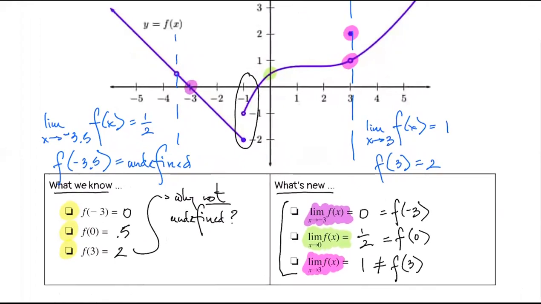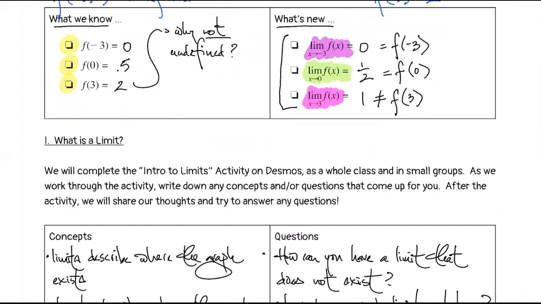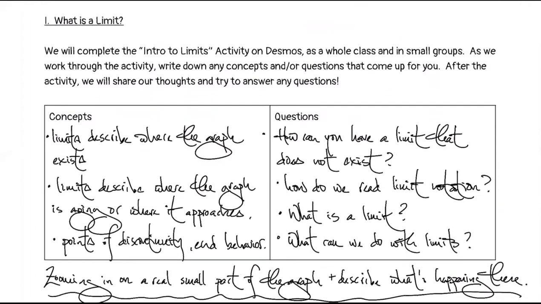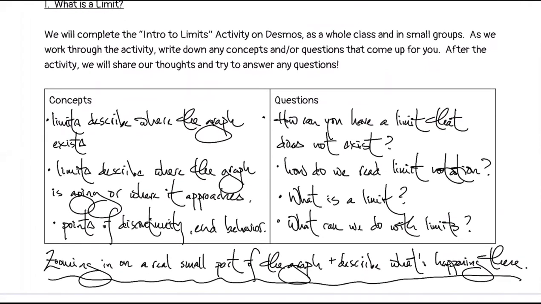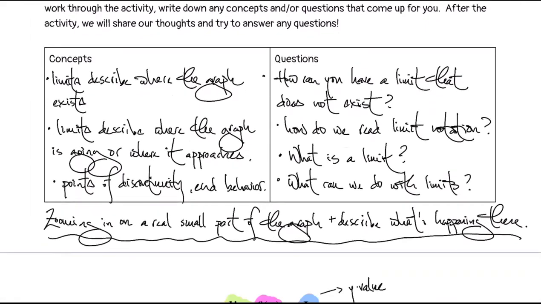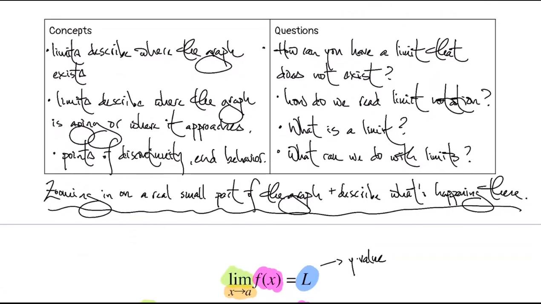Okay. So on Monday, we did a Desmos activity. And we wrote down some concepts that we thought about, some questions. And I think the biggest takeaway here is this last underlined sentence, which is that when we're looking at limits, we're zooming in on a really small part of the graph. And we're describing what happens there.